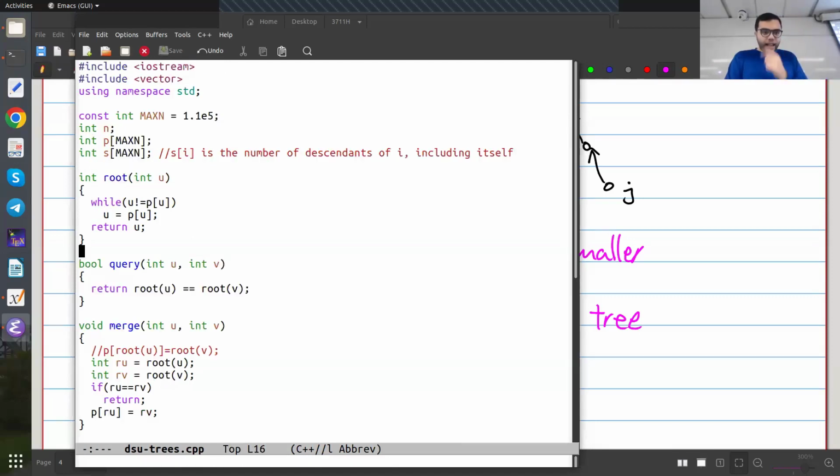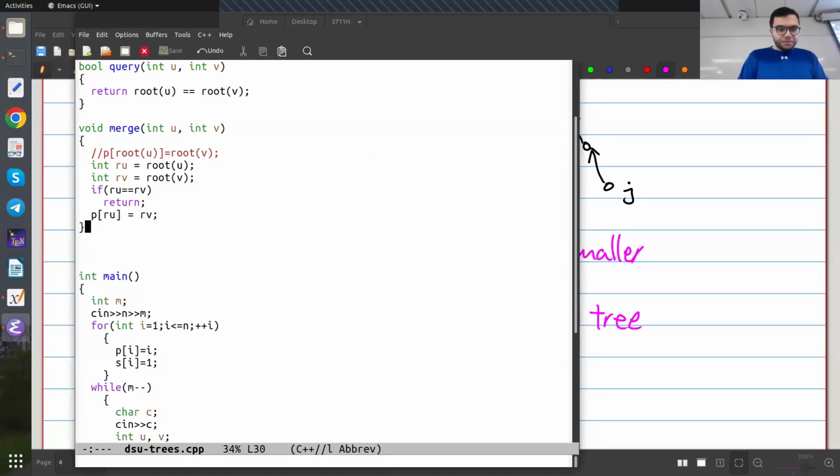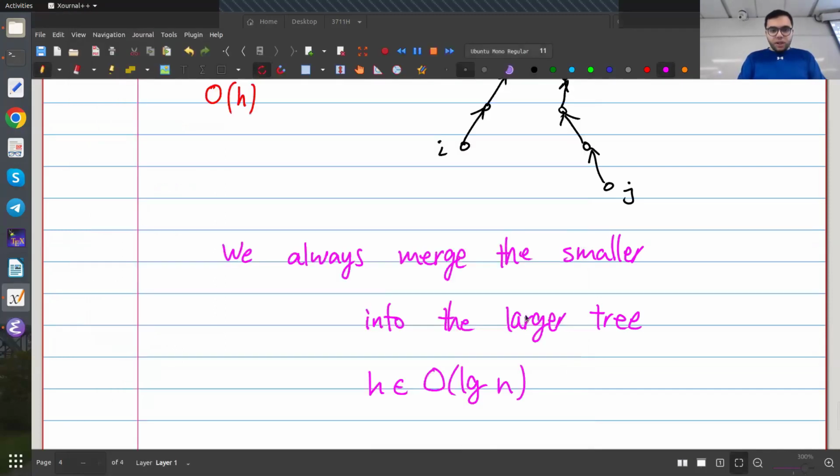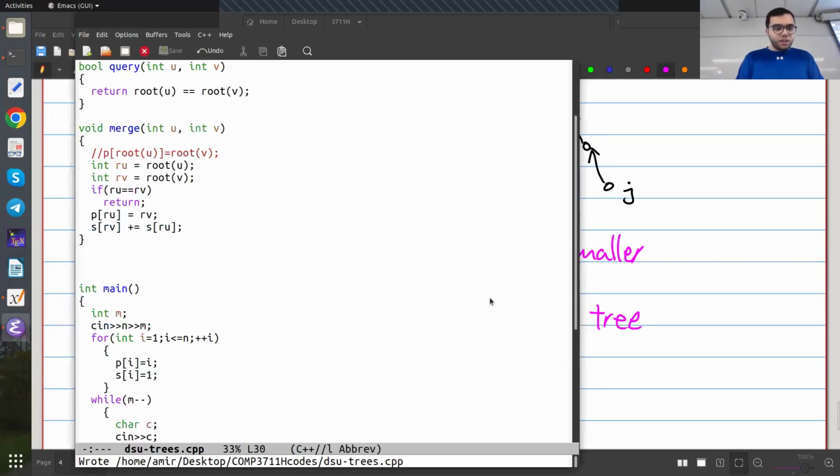And well, here initially all of these sizes are 1, right? And when I'm merging, here when I'm saying that RU becomes a child of RV, that means that the size of the descendants of RV is going to increase by the size of the descendants of RU, right? But then, of course, we also had this rule that I always want to merge the smaller into the larger tree.